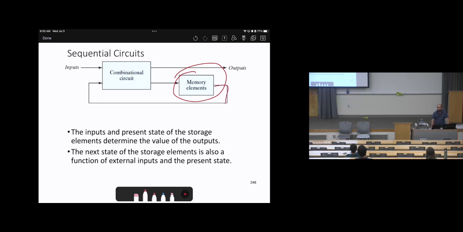Therefore, the outputs will not only depend on the present inputs, but will depend on the present and past inputs, and also might depend on past outputs.